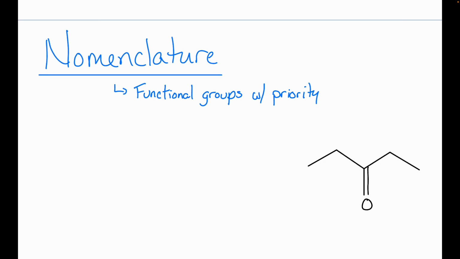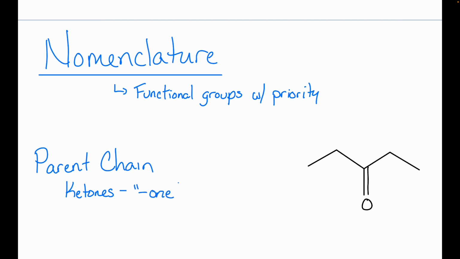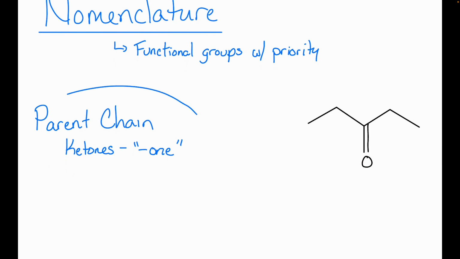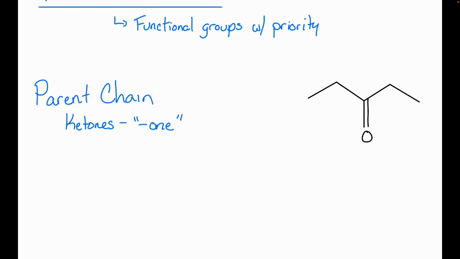All right, we'll use this example molecule right here. Step one is we're going to find our parent chain. Okay, and for ketones, again, we consider these functional groups, so we're going to update the suffix on the end of our parent chain. Ketones have the suffix -one, O-N-E. All right, I'm going to do the aldehyde notes here as well, so I'm going to leave a little space.